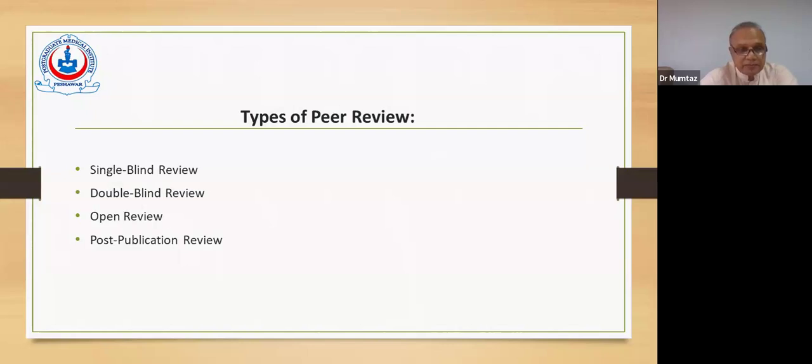Post-publication review is once the article is published, people accumulate comments on that. There are a couple of sites, perhaps at the moment, in which people comment. This is not a formal peer review, by the way, but people would comment from a technical point of view, and these comments get accumulated, and some papers will change in the light of those comments.